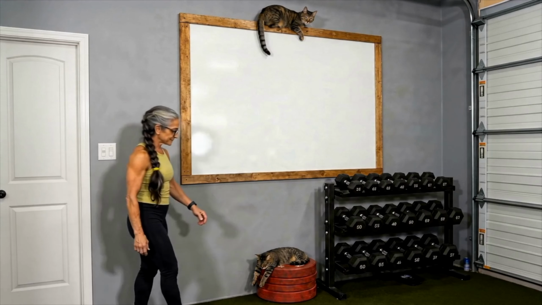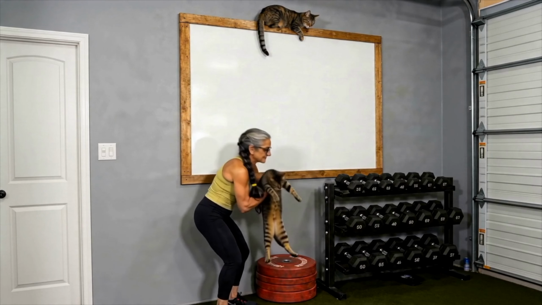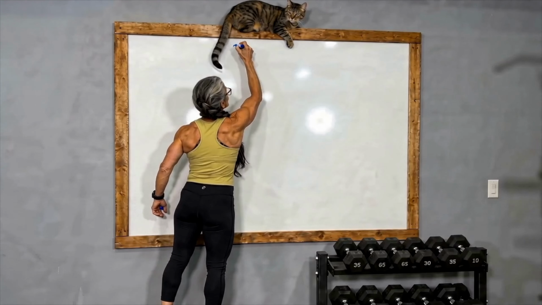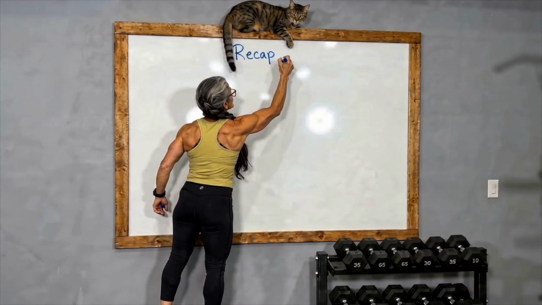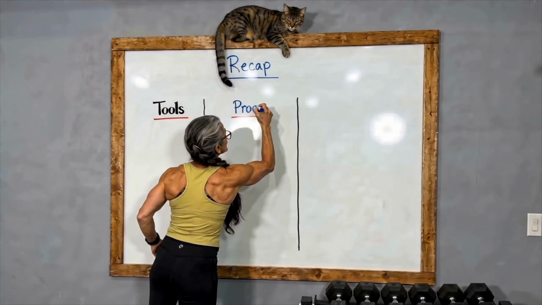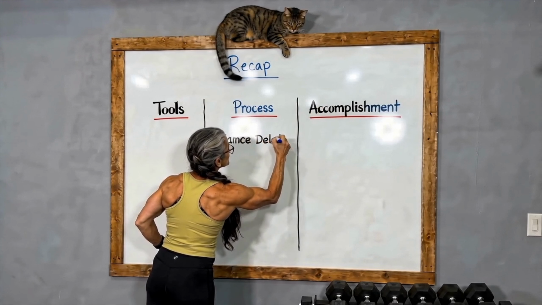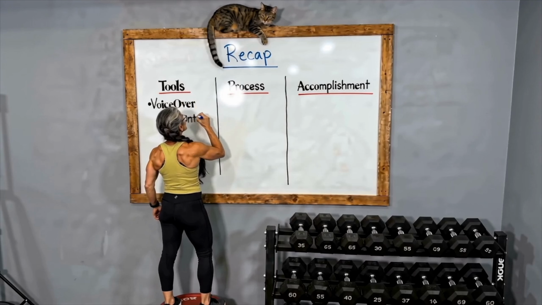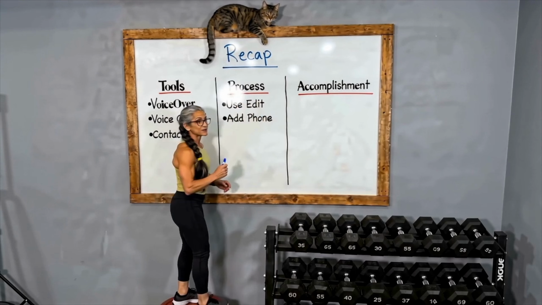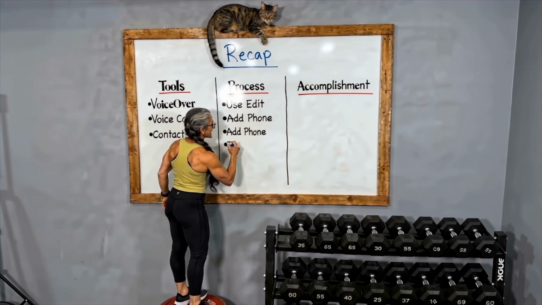Now would be a good time to recap today's TPD. Remember, training plan of the day? Here's what you did. You used Siri to get VoiceOver and Voice Control running. You used Voice Control to open contacts, and then used it to search for a contact by name. With VoiceOver available the whole time, you used voice control commands to get the correct screen opened, to get to the desired contact, and to enter the new phone number.